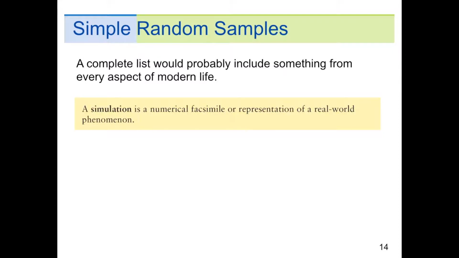So, essentially what that is, using random number tables or calculator, computer, or whatever it may be to simulate a real life thing happening, and we're going to simulate it.